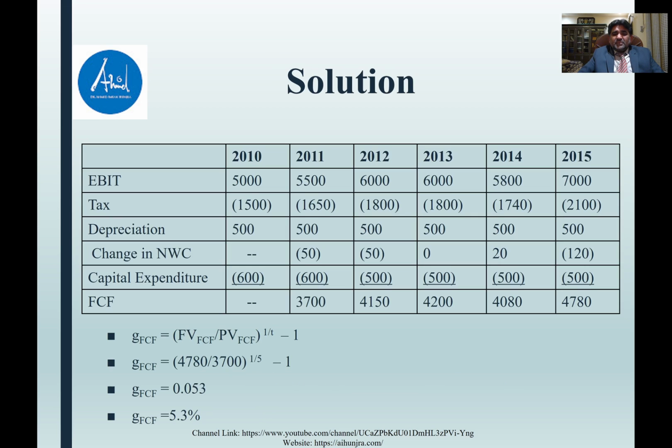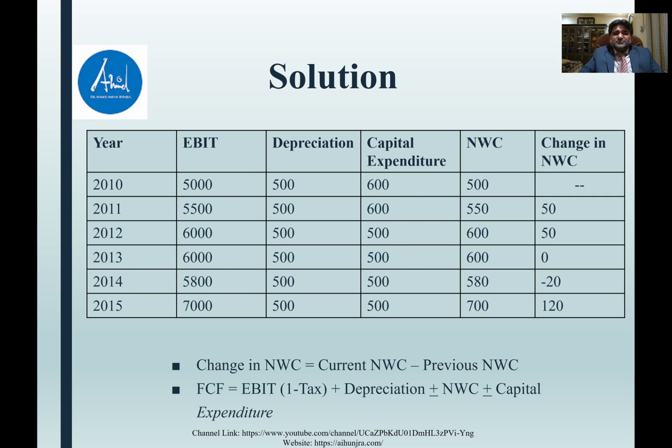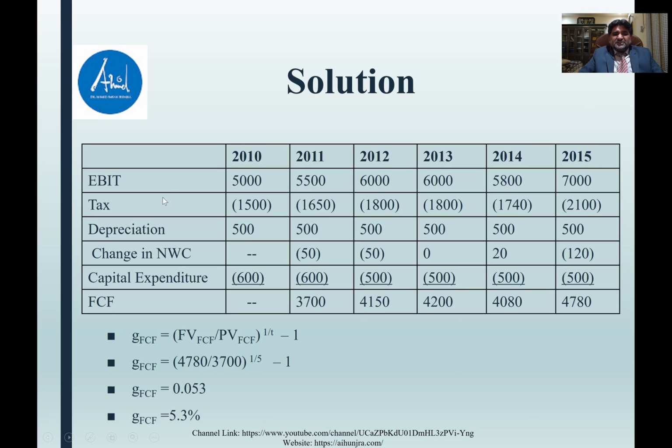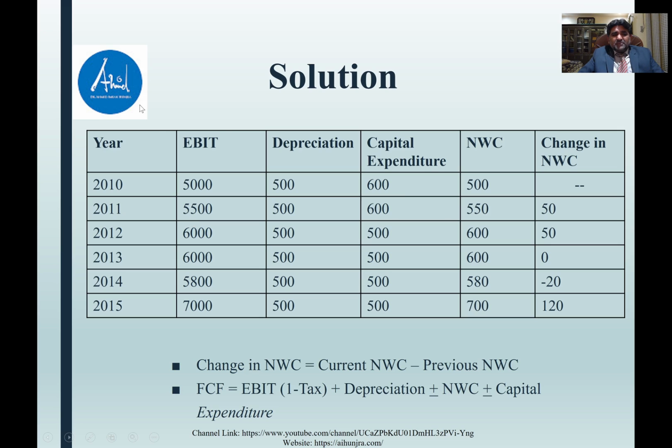Okay, in this slide, we simply transform the tables, the rows into columns and columns into rows. Same components: EBIT, depreciation, capital expenditures, net working capital, change in net working capital.